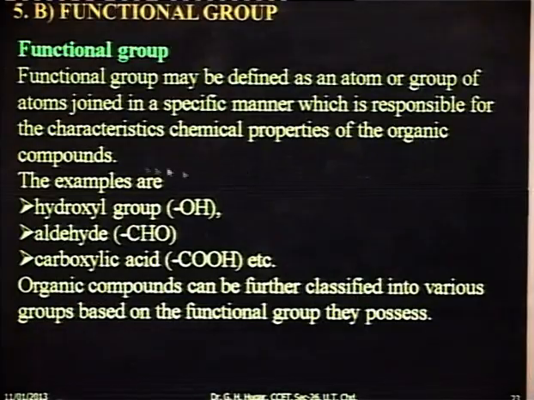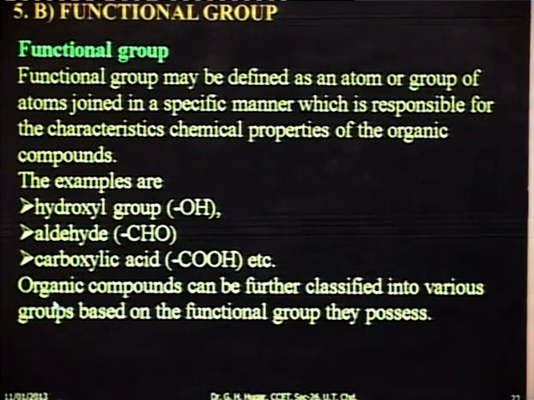So, based on the functional group we have the hydroxyl functional group which will induce a certain set of properties. We have the aldehydic group CHO and the carboxylic group, that is COOH group, etc. Organic compounds can further be classified into various groups based on the functional groups they possess. If they have a functional group, we can classify them that way.